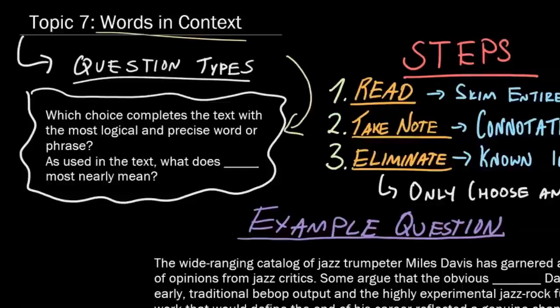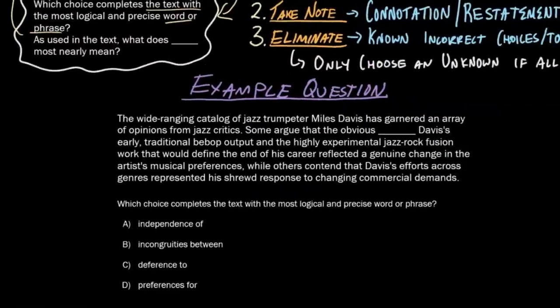So here we have, which choice completes the text with the most logical and precise word or phrase? Okay, and here we're focusing on words. Now, sometimes they'll give you a couple of words that really make sense, but again, there's going to be a main word.